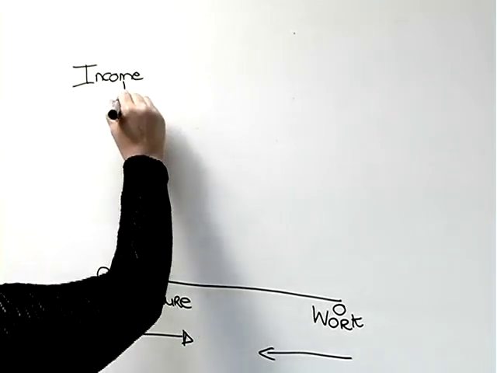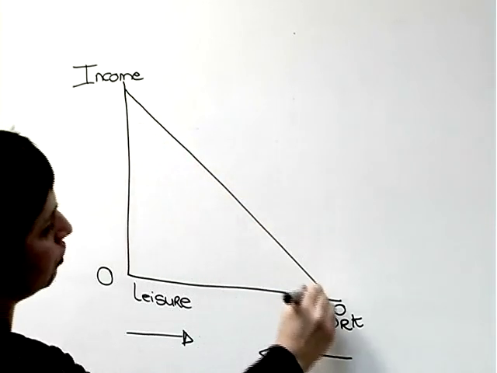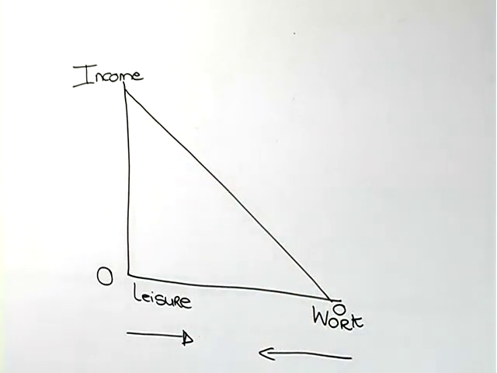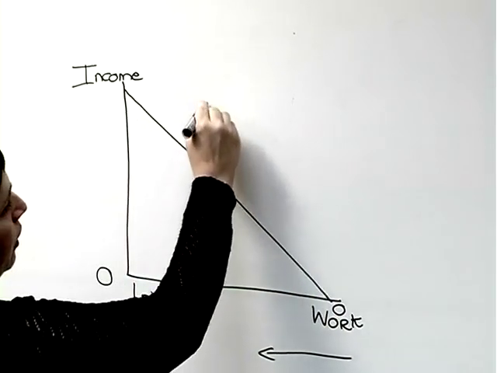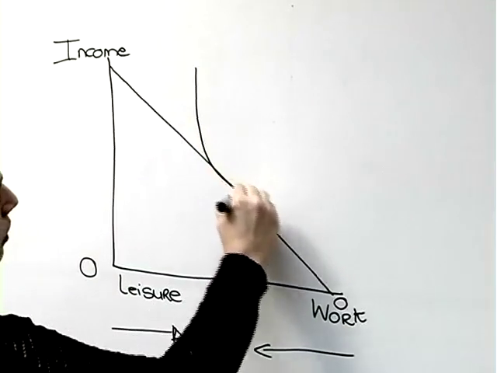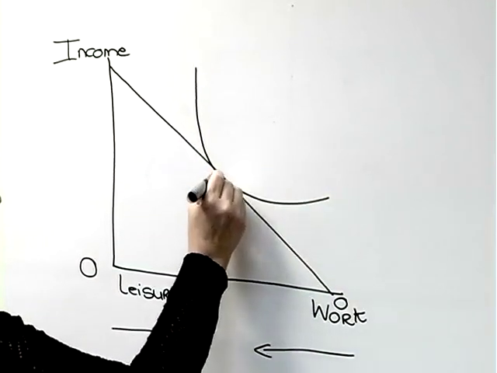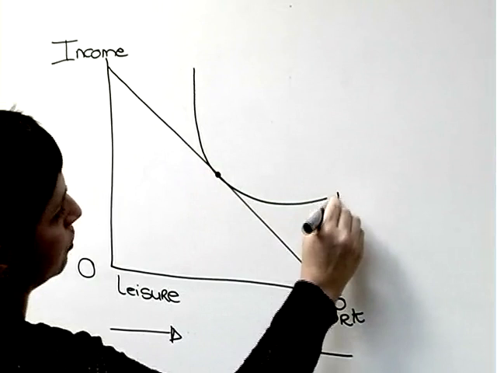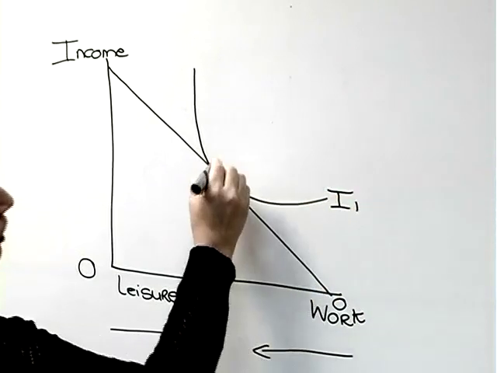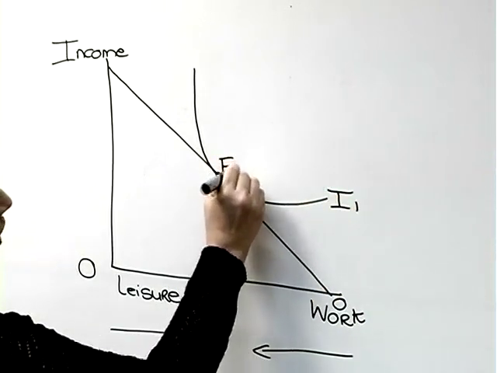To start off, you draw the budget line just to see where you're going to start. Get your tangency point for this E1, I1 from E1.